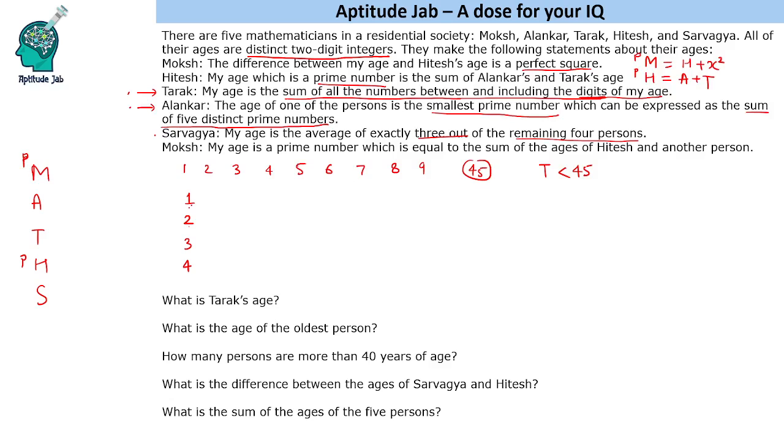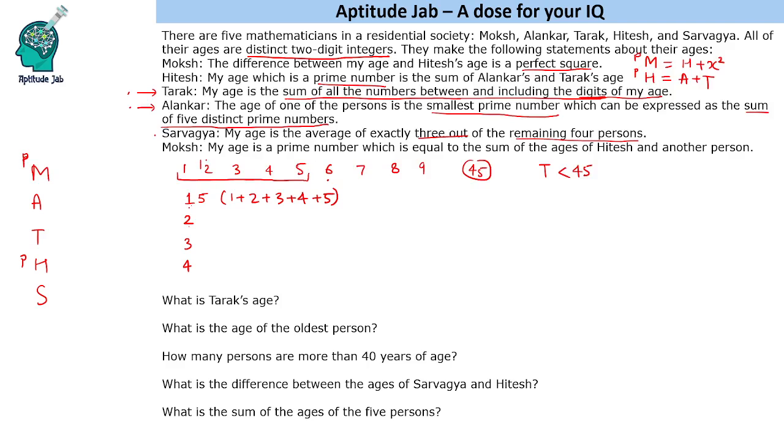Now, if you take the first digit as 1 and start adding the numbers, 1, 2, 3, 4 is 10, 5 is 15. So it makes sense. 1, 2, 3, 4, 5. Isn't it? So one possibility is 15. If you add 6 to it, it becomes 21, which is not starting with 1. Okay, so one case here.